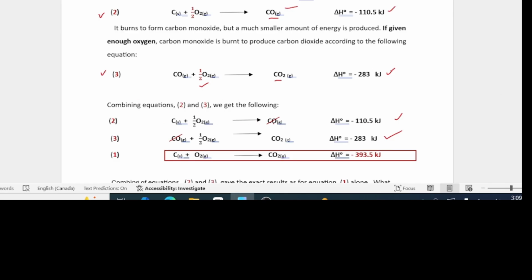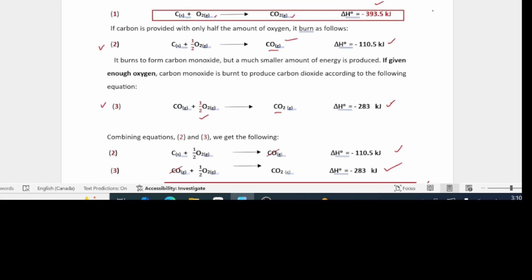You can see that carbon monoxide is common on both sides. So we remove those and we add these together. Carbon along with this half, another half here gives you 1, and you get carbon dioxide. You can see now that when you add these two equations, you get the same amount of energy as when carbon is burned fully in oxygen in this one step here.